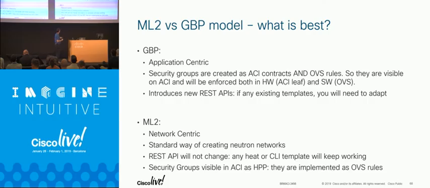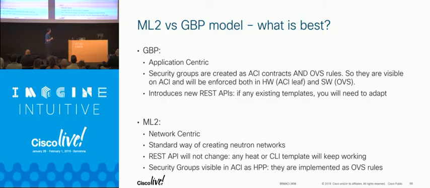Now, what is the best? GBP has a nice, interesting way of doing things. As I said, if you're interested in applying policy to groups of endpoints rather than to the network itself, so you want to abstract the application a little bit from the networking concept, then GBP is quite interesting, and it maps directly one-to-one with what ACI is doing.